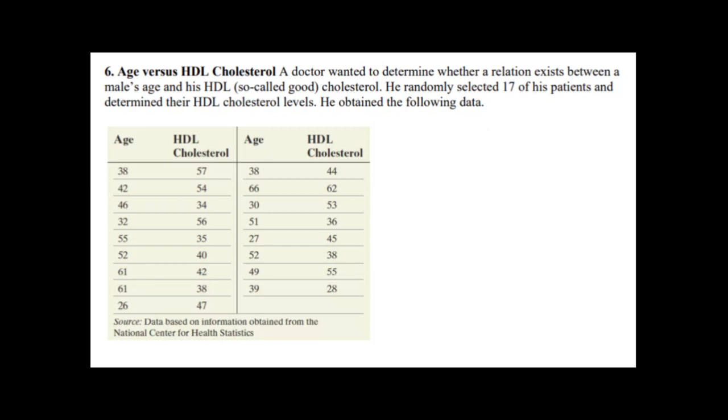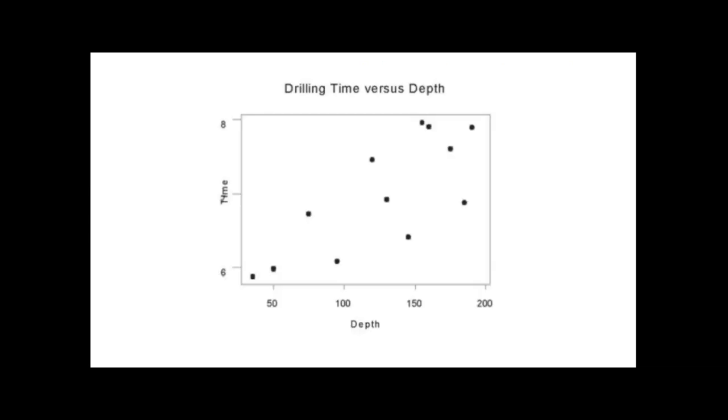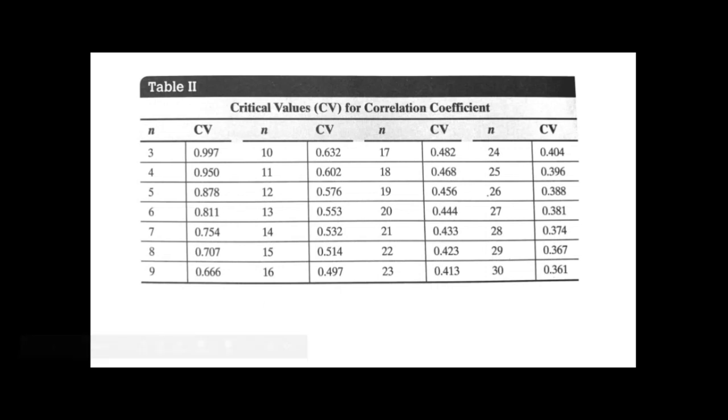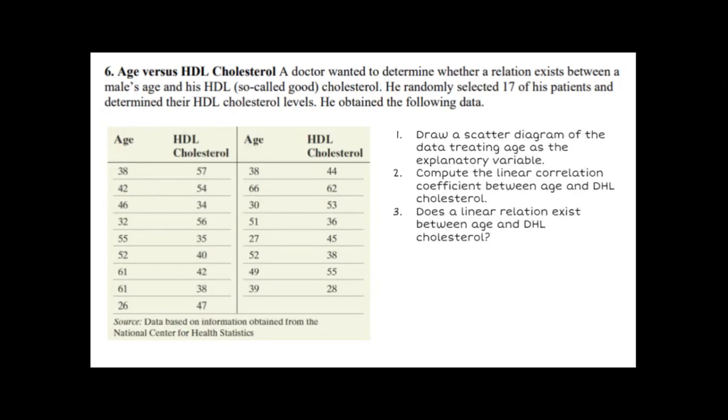All right, let's go back to the table so that we can answer that. So 0.482. All right. So you said your answer was negative 0.16. So can we answer the question? Does a linear relation exist between age and HDL cholesterol?